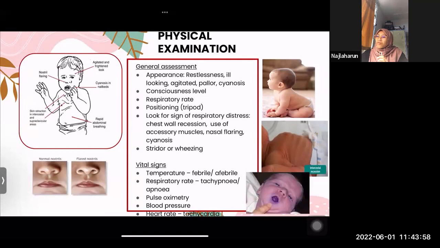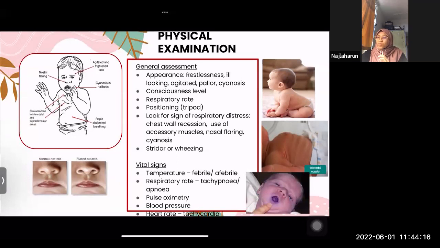Look for other signs of respiratory distress like chest indrawing, as you can see in the picture, the use of accessory muscles, nasal flaring, any cyanosis, any noisy breathing like stridor or wheezing.